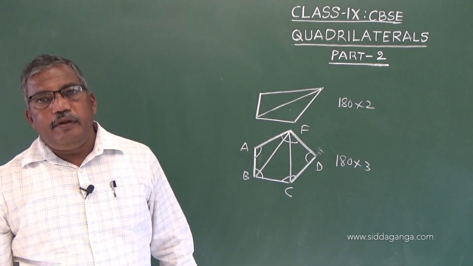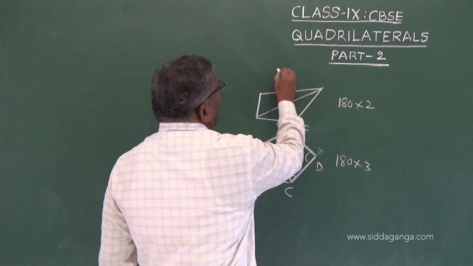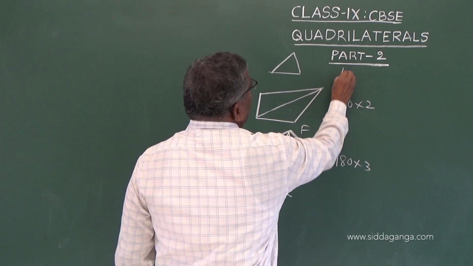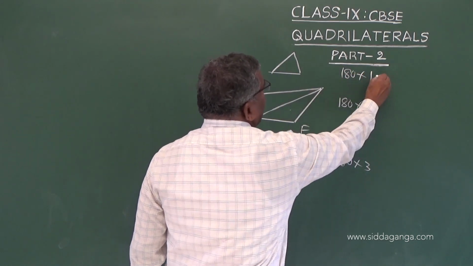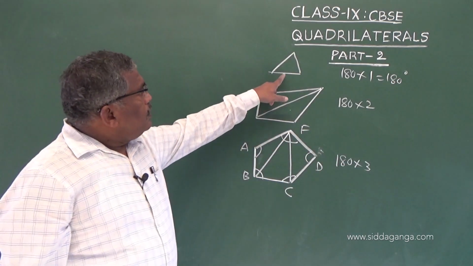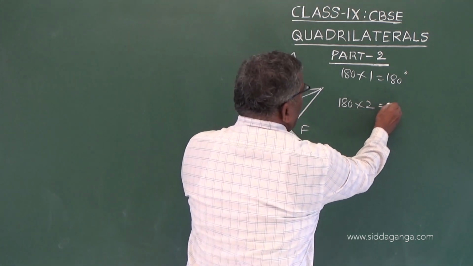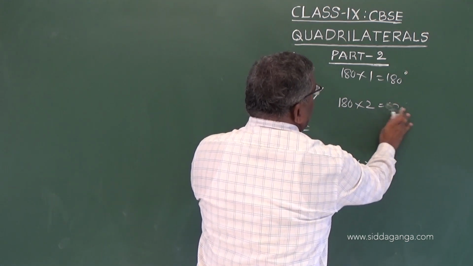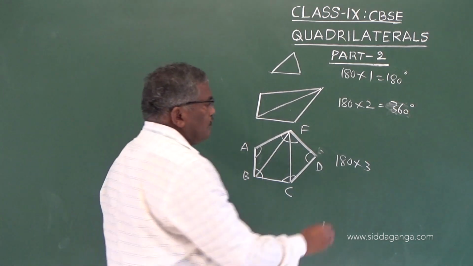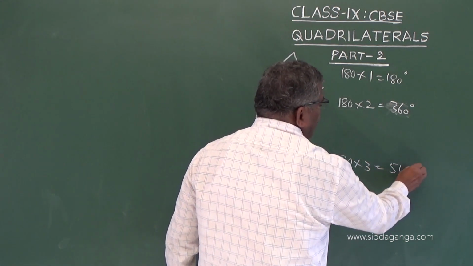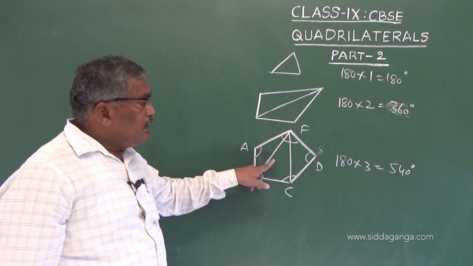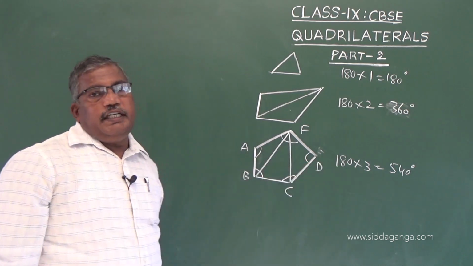For a triangle, it is 180 into 1, so 180. For a quadrilateral, it is 180 into 2, so that is 360 degrees. For a pentagon, you will get 180 into 3, 540 degrees. So what is this 540? This is the total of all five interior angles.